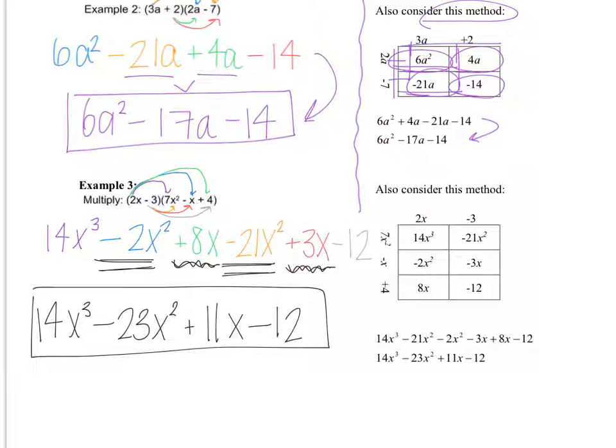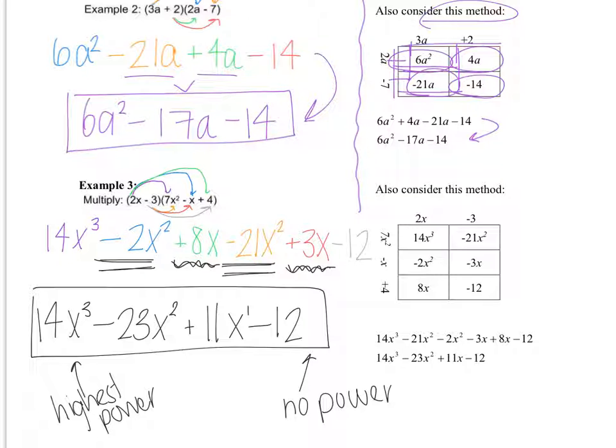And again, notice how we kept the highest power first and the no power last. This x technically has a power of 1. You don't have to write it, but just so you know that that does have a power. So to write it in standard form, you have to put the highest power first. Okay, so that's multiplying polynomials.